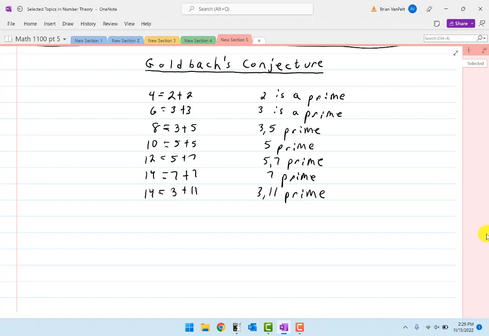So the idea is this: every even number can be written as the sum of two primes. That's the conjecture.